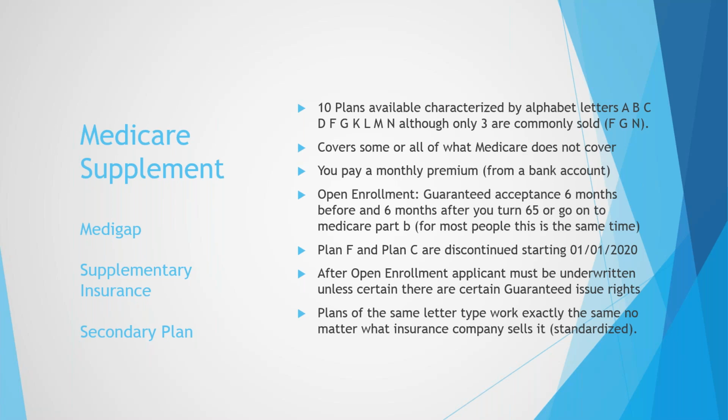So if there's a Plan G from company XYZ and there's a Plan G from company ABC, the benefits are identical. The only 2 differences are what the person pays for it today, and what the person is going to be paying for it down the road based upon claims, rate increases, policyholders, and things of that nature. But as far as benefits go, they are identically the same.